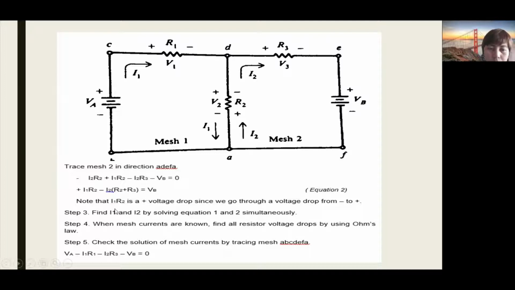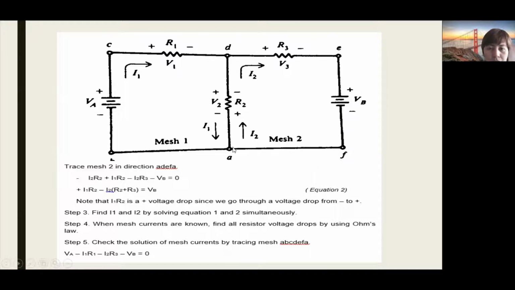So note that I1 and R2 here is a positive voltage drop since we go through a voltage drop from negative to positive.